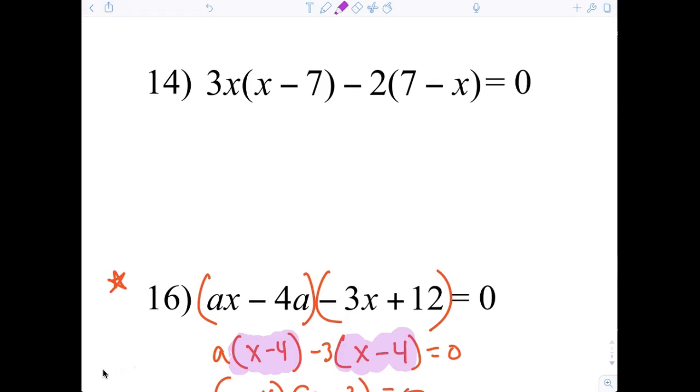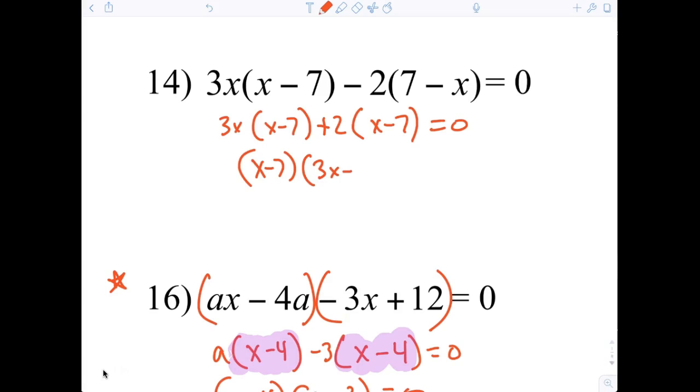This would be 3x, and then x minus 7 plus 2 times x minus 7 equals 0. So x minus 7 times 3x plus 2, and then x equals 7, or x equals negative 2/3.